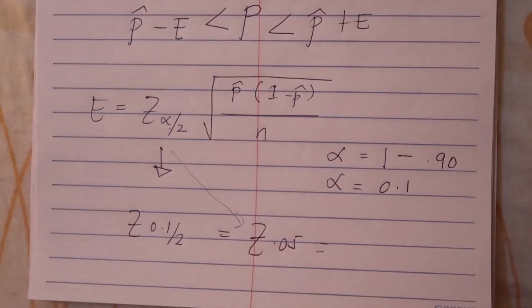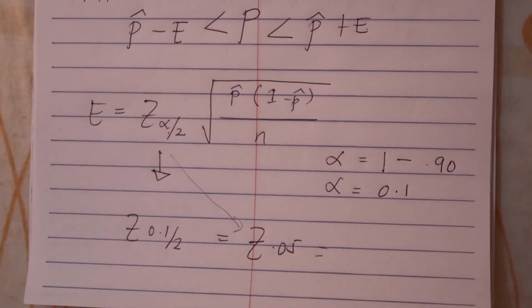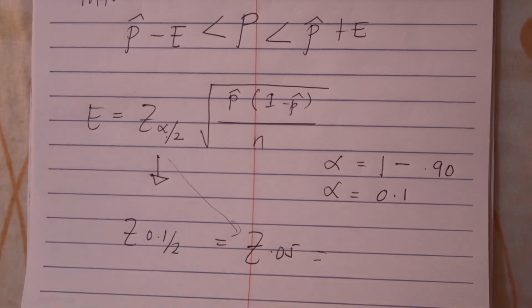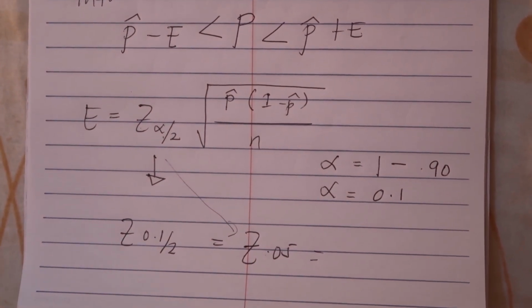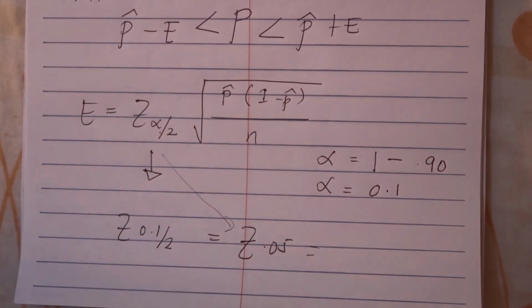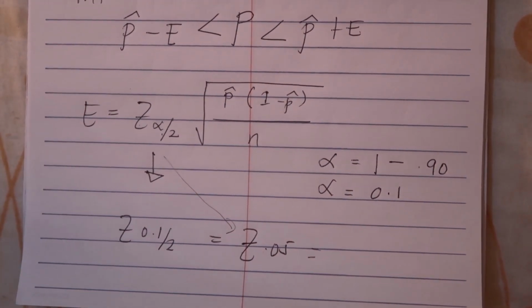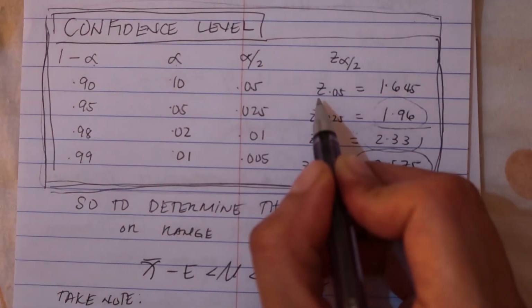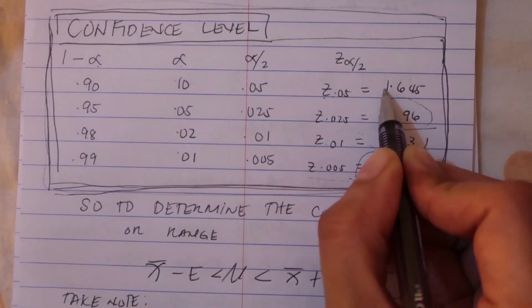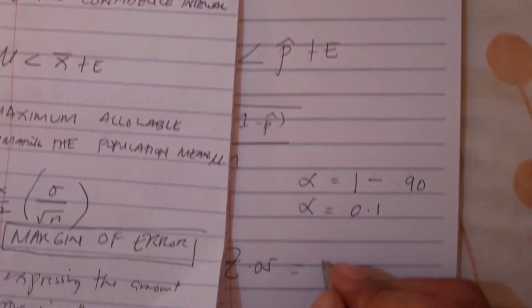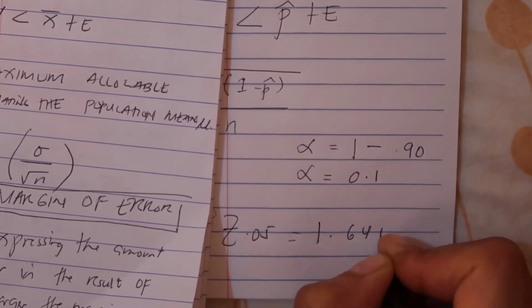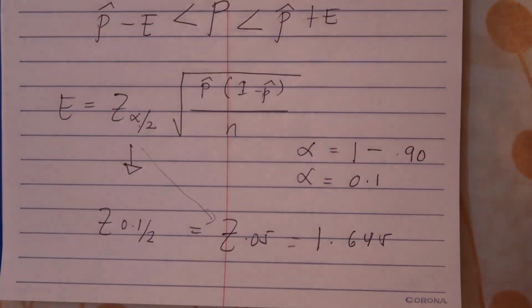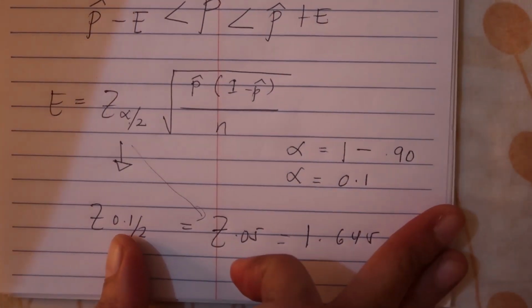And what is the value of z 0.05? We need to get the table. So z 0.05 is 1.645.